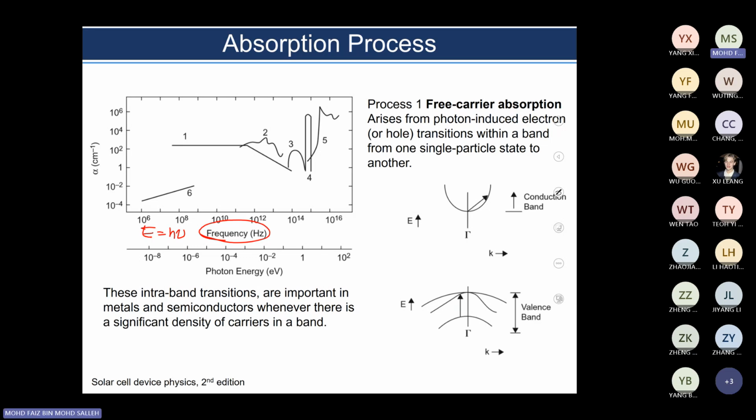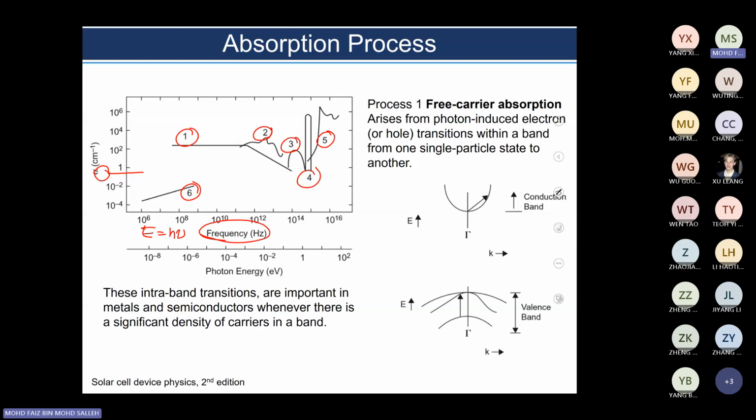And here is alpha, the absorption coefficient of the material. You can see that we have processes 1, 2, 3, 4, 5, 6. Six kinds of process can happen at specific energies.